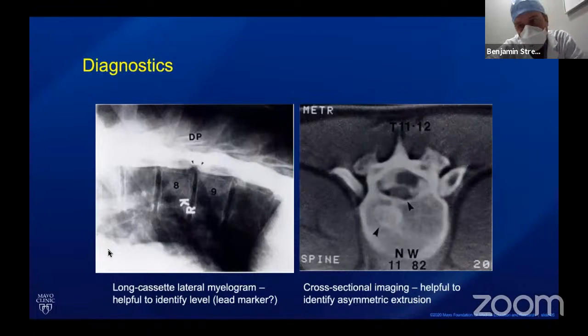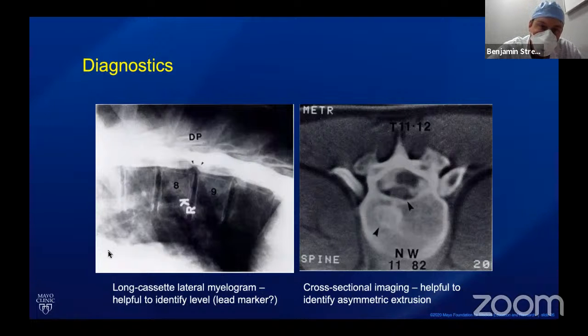The diagnostics are highlighted here, and I don't know that I've actually seen a lateral long cassette myelogram used in clinical practice, but I thought it was a really interesting presentation in this article. They used the long cassette myelogram here to identify a disc herniation at levels thoracic 8 and 9.